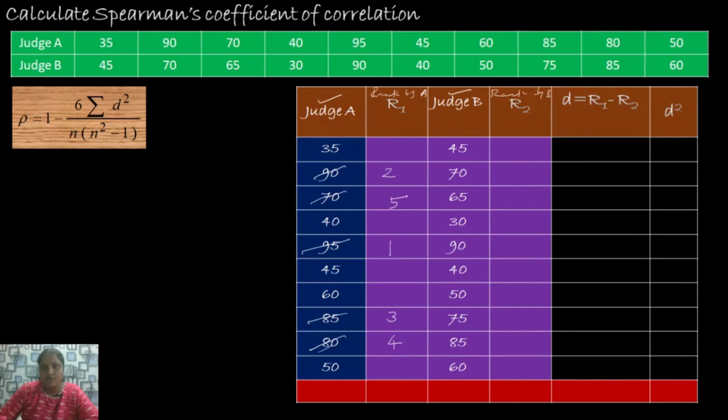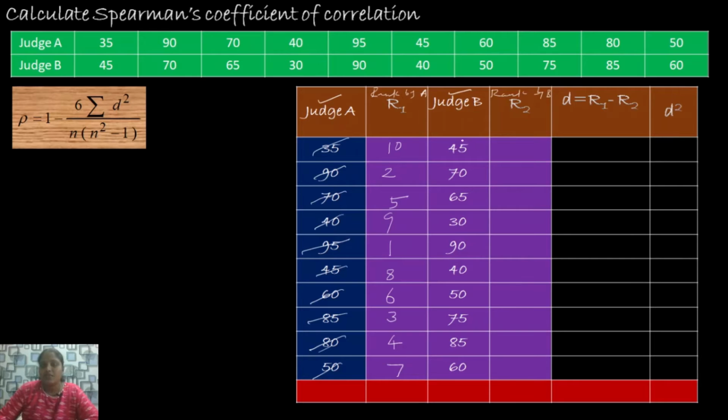So this is for 5th rank, next 60, so this is for 6th rank, and then next highest value is 50, 7th rank, and 45, this is for 8th rank, 40 for 9th, and 35 the last value we are going to assign the rank as 10.